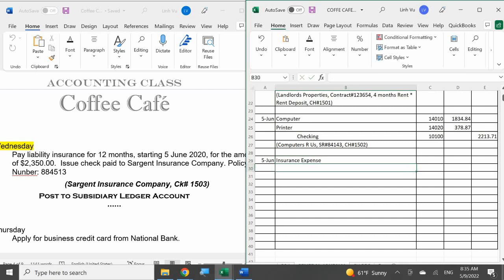It would go to a prepaid account because in this case, we made a payment for something in advance, right? Very, very similar to the rent expense. We paid in advance.